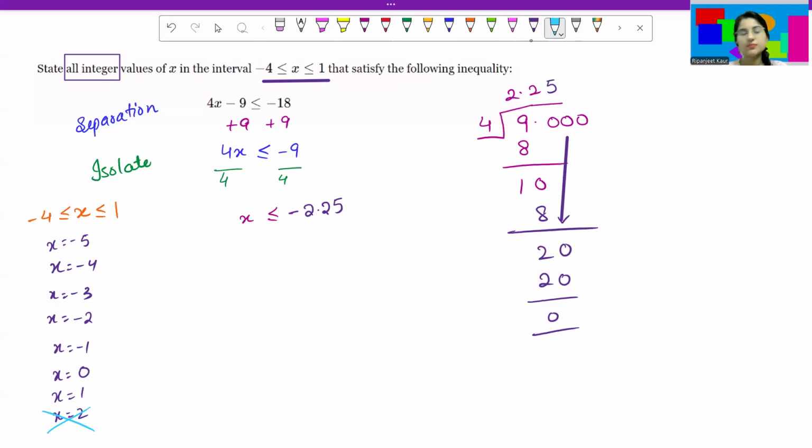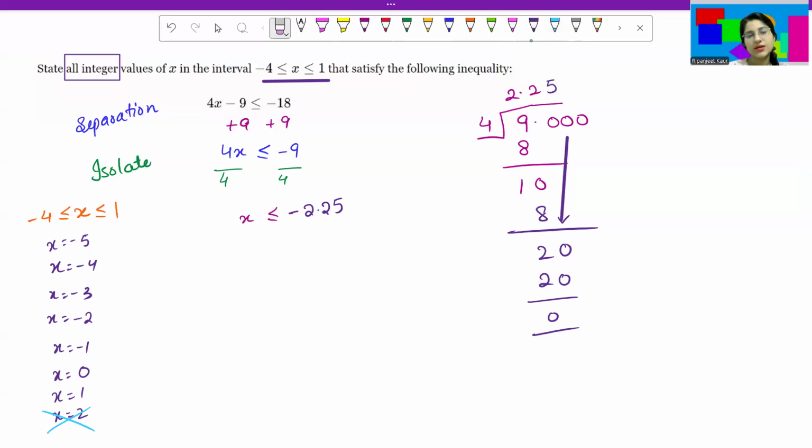Is there any other number? No. All right, so x equals 1 satisfies this.